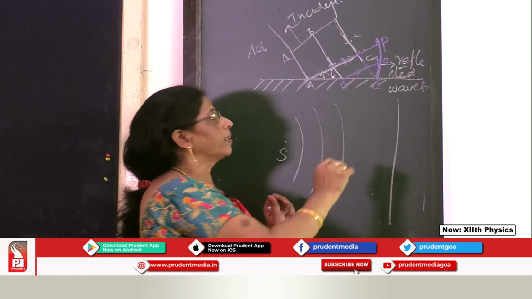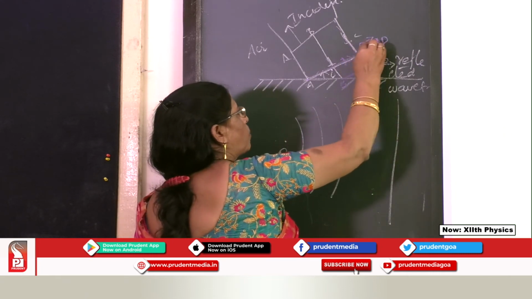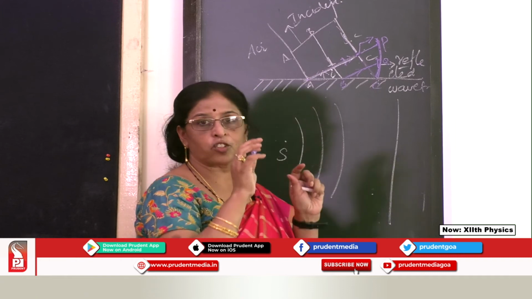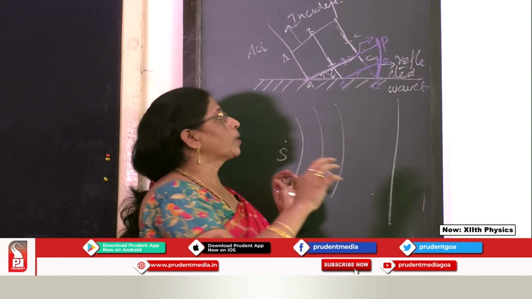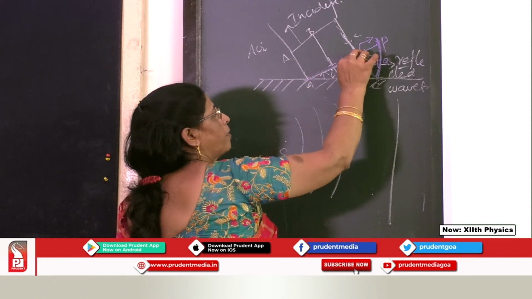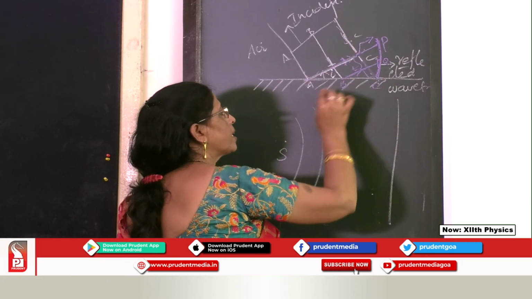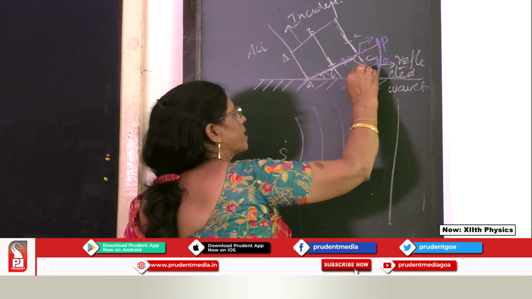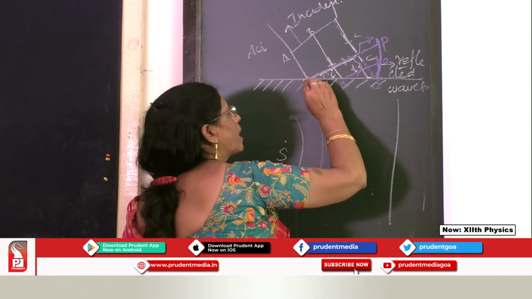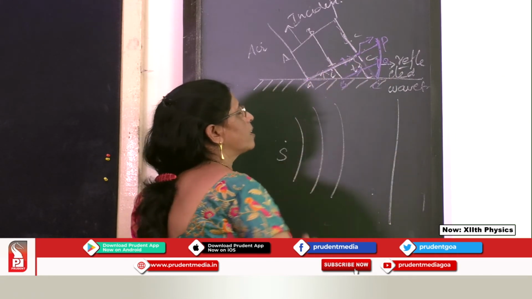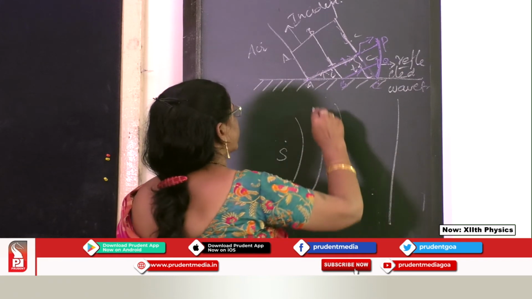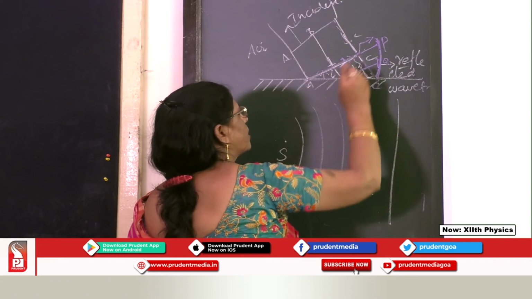We are able to see this is the point it has reached when A strikes the surface. Let T be the time taken from here to here. During the same time, A is giving out the secondary wavelets, so the secondary wavelets are emerging over here.